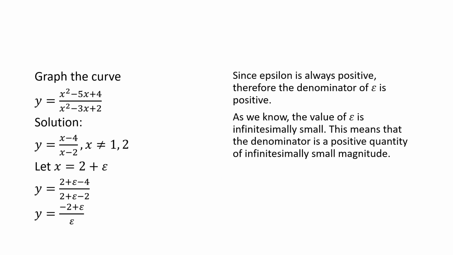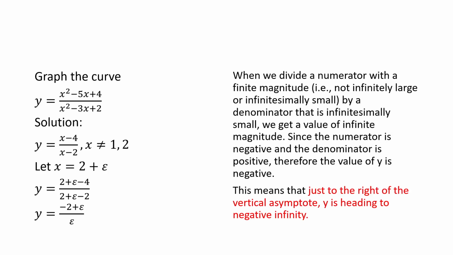We have a denominator of epsilon, and since epsilon is always positive, we know the denominator is a positive infinitesimally small number. So we're going to have a negative numerator of magnitude over an incredibly small positive denominator. That's going to give us a negative number of huge magnitude.